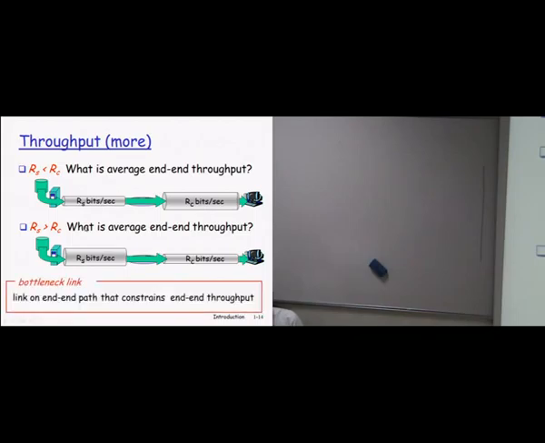If you are measuring end-to-end throughput, now look here: if the file is going from server to the client, and the capacity of the first link is less than the second, there are fewer chances of congestion on the router, because water is coming in at a lower rate than the water leaving the router.